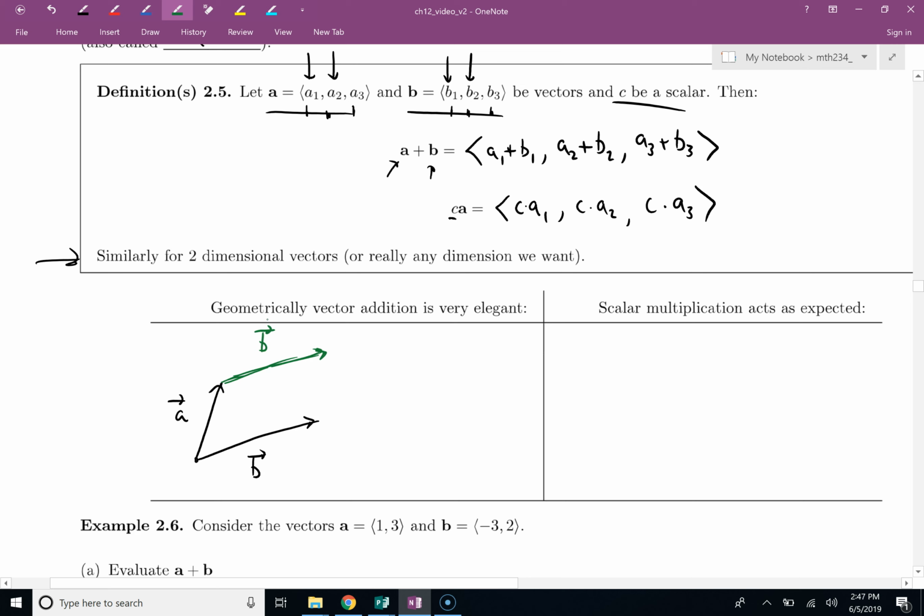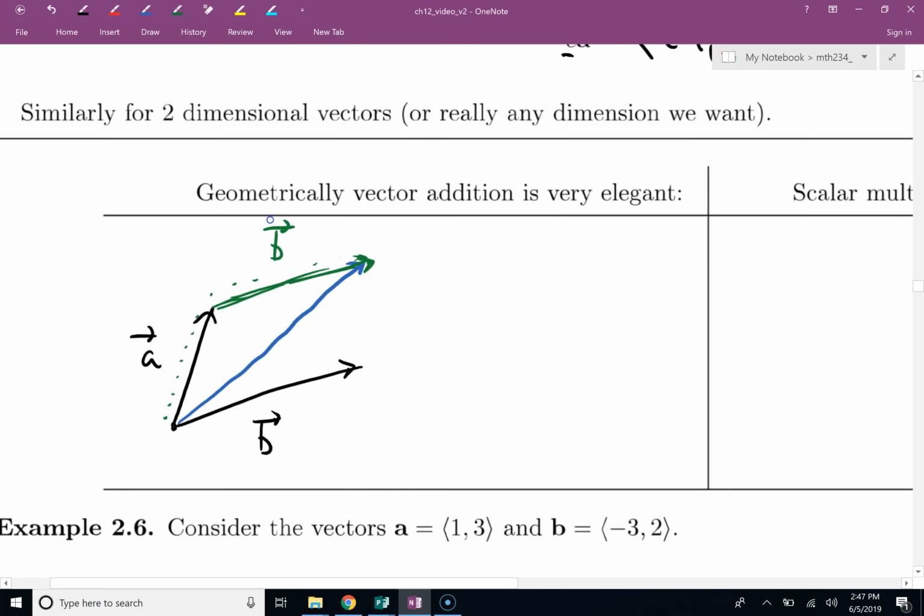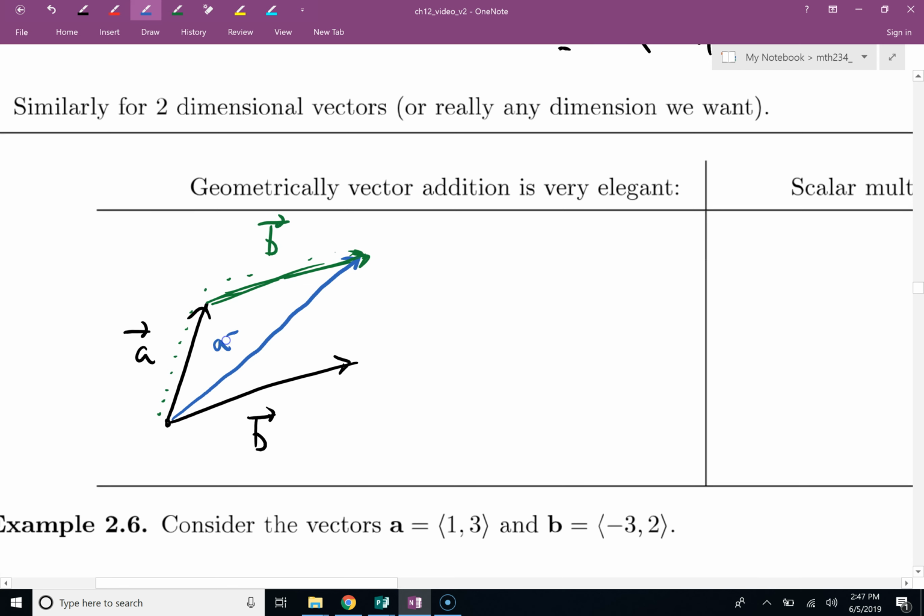So if I want A plus B, I travel along A, and then I travel along B, and wherever I end there, this right here is A plus B. So this is the vector A plus B.